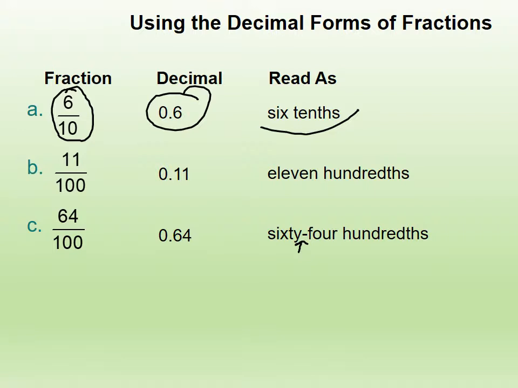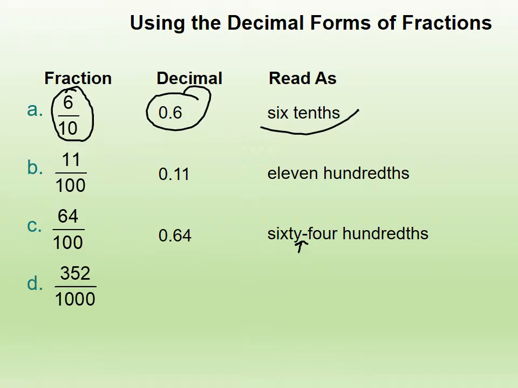Who remembers the rule of when you use a hyphen? Tia? Anything over 21? Yeah. So anything from 21 to 99, I believe, right? Good. So that doesn't go away. The rule's still there.